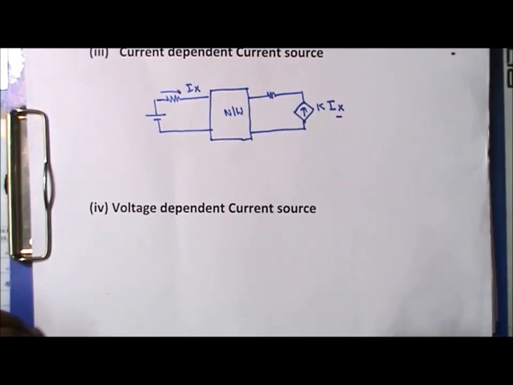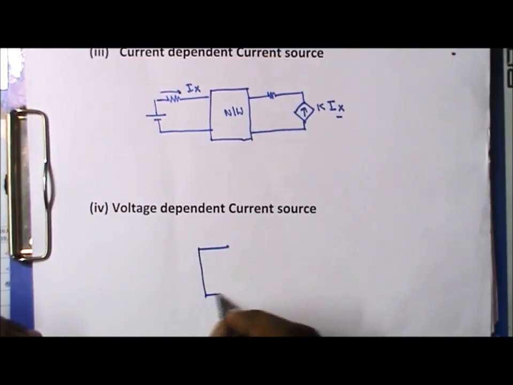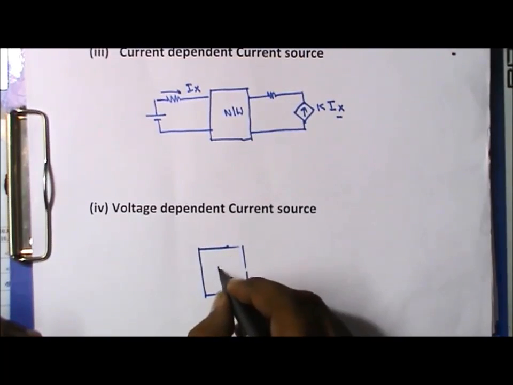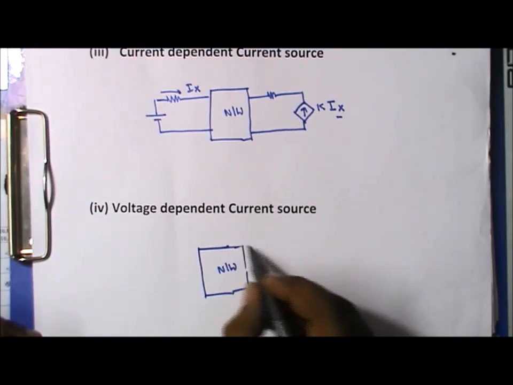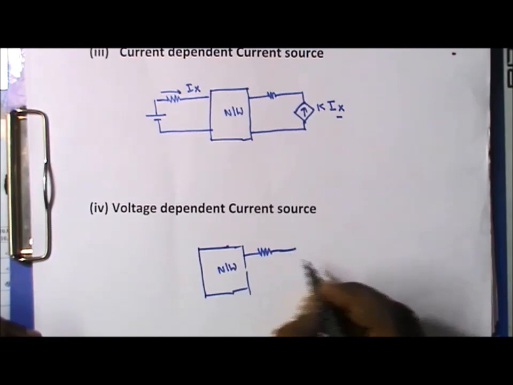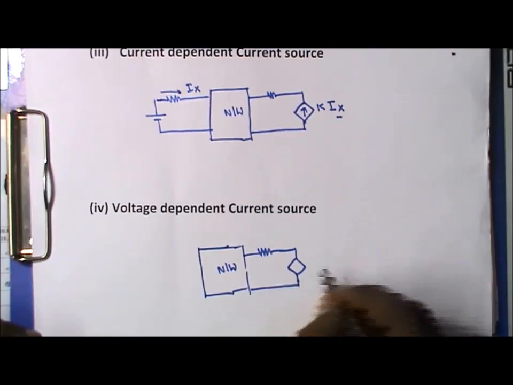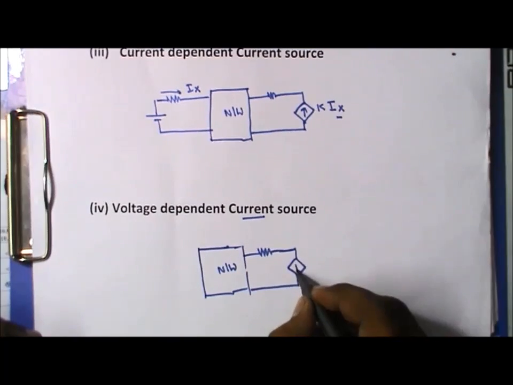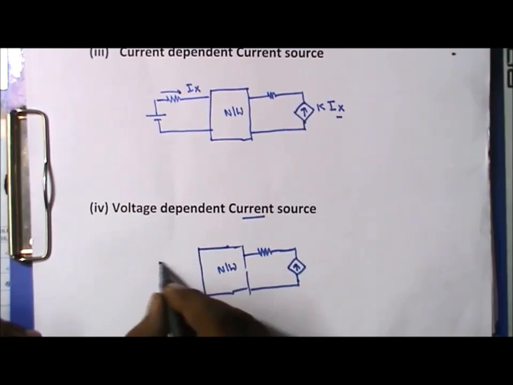Similarly, we can learn about the voltage dependent current source. Let us suppose this is a network, and we have a diamond-like shape that we are calling a dependent source. It is a current source, so it has an arrow, and it depends upon a voltage.